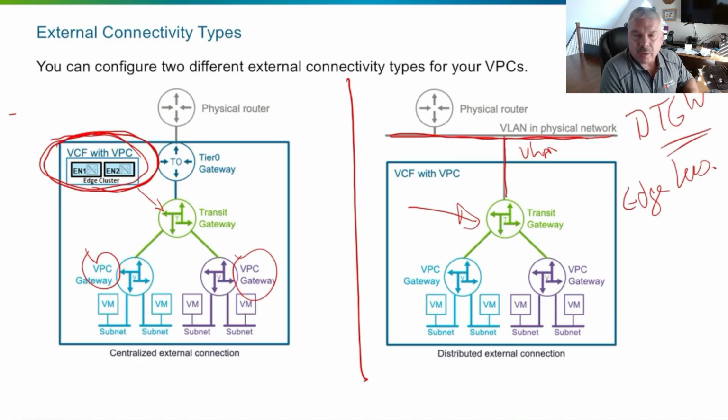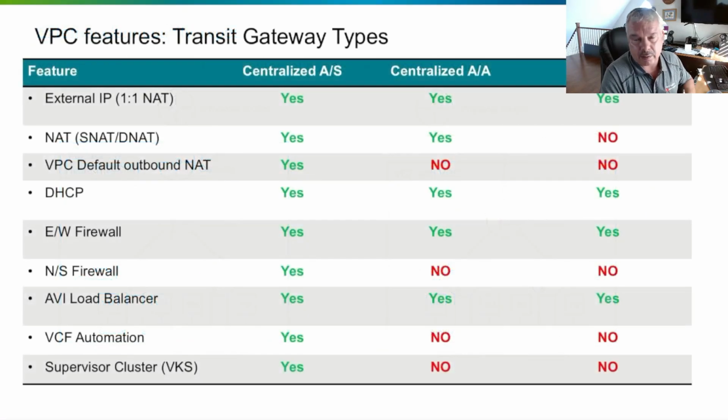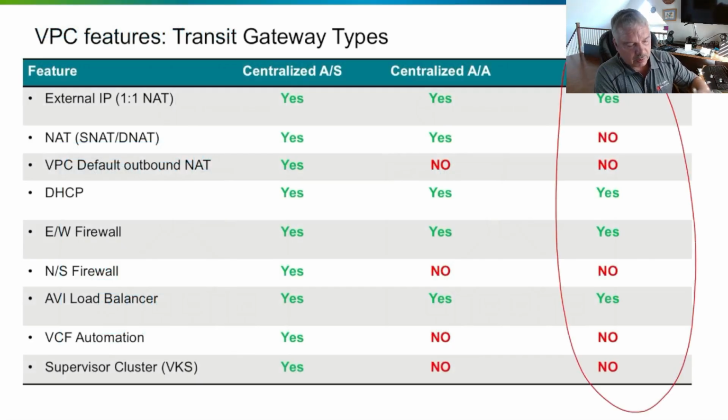Sounds wonderful. So which one should you use? VPCs will work with either one of them. Which one are you going to use? And that's where this table comes into play, all right? When we talk about the distributed, let's look at the far right. When we talk about the distributed, you see there's various services or features that are not available.